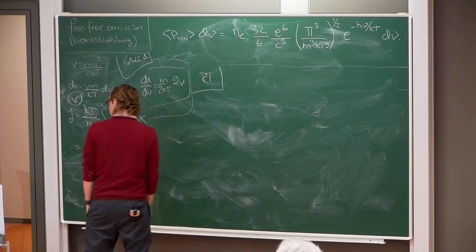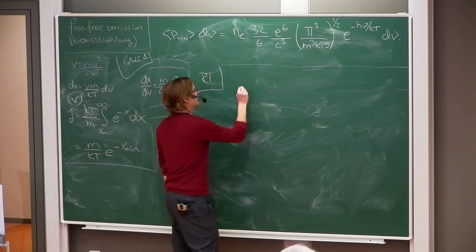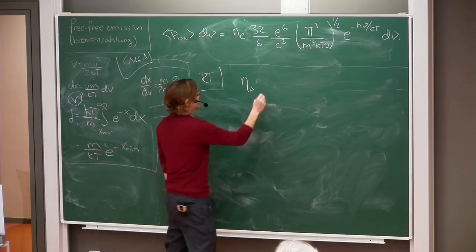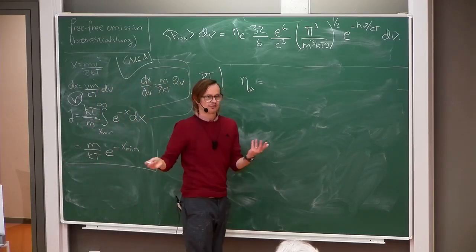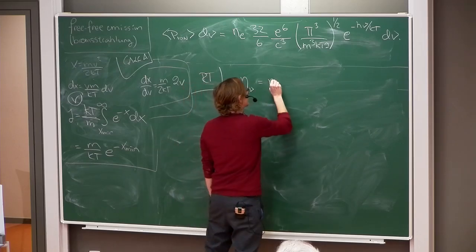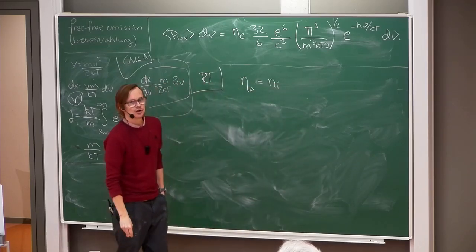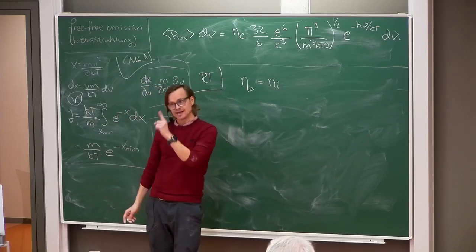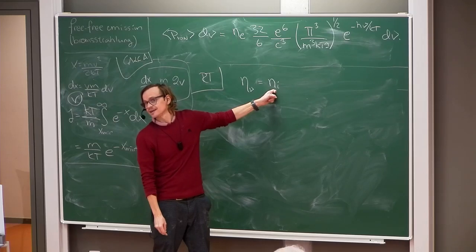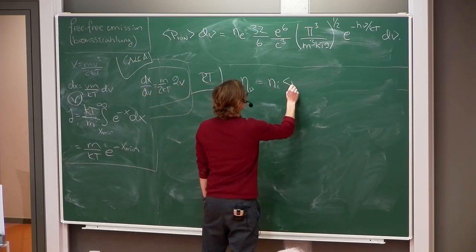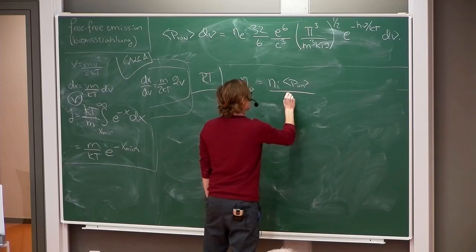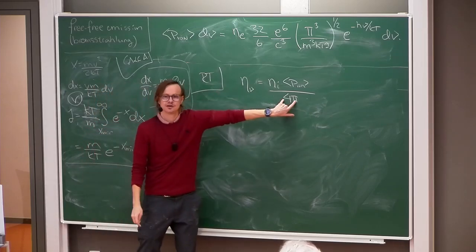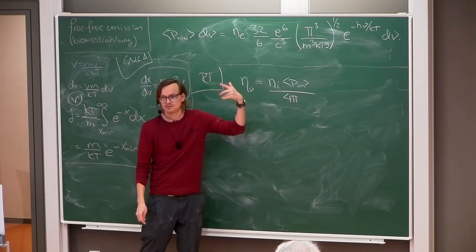So we're going to write this now as our emission coefficient, epsilon nu, and this is just the emitting power for one ion, times, of course, the number density of the ions themselves, because this was for a flux of electrons, but only for one ion, so we have to multiply it with the ion density. And then we have the average there. And since we defined in our chapter 3, this per steradian, so per solid angle, we divide by 4 pi.